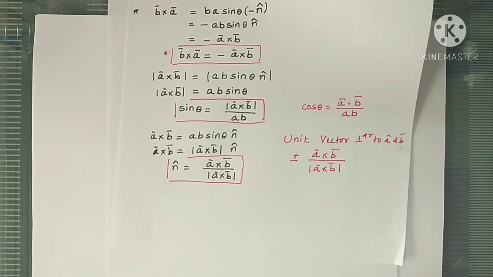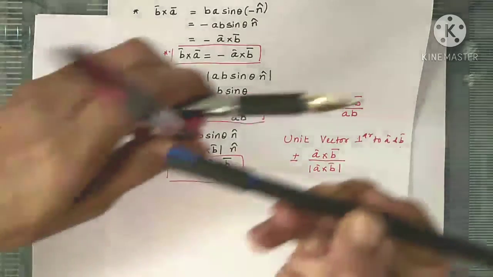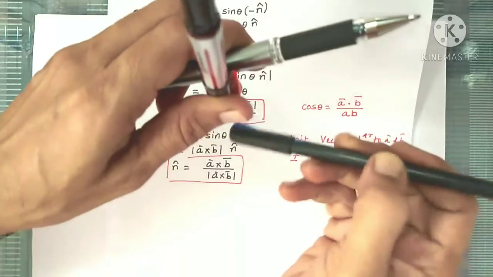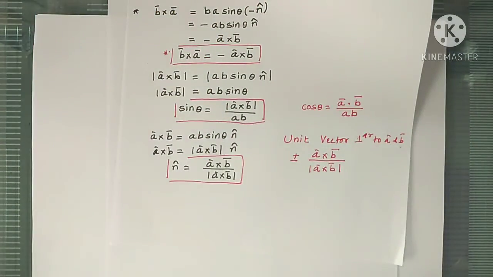Now why this plus minus? Because this n cap is perpendicular to A bar and B bar. So if n cap is perpendicular to A bar and B bar, then minus n cap is also perpendicular to A bar and B bar. So we can write two unit vectors perpendicular to A bar and B bar by this formula.